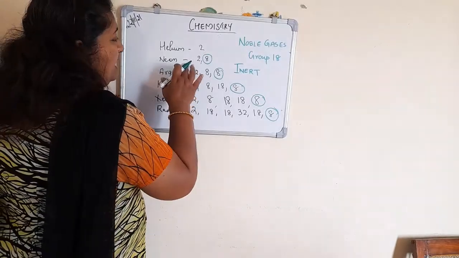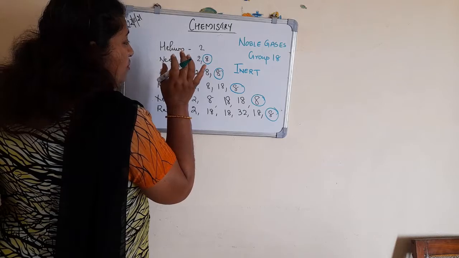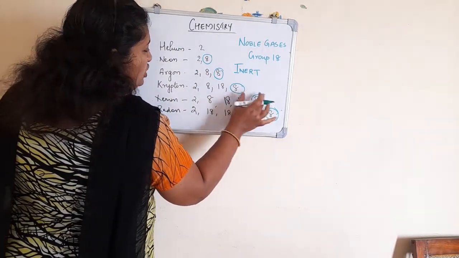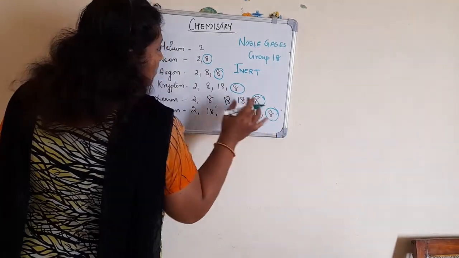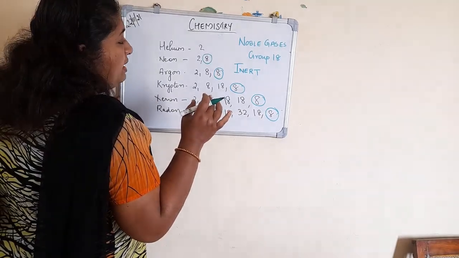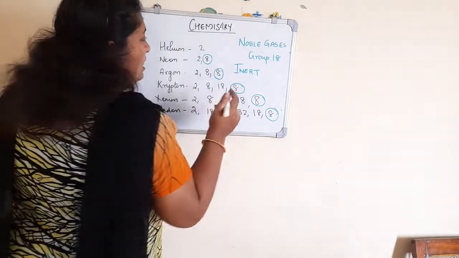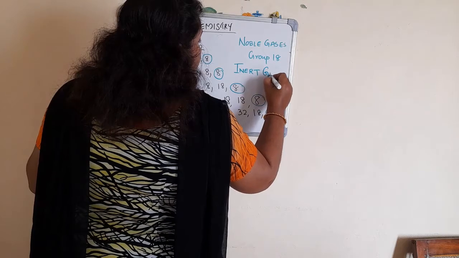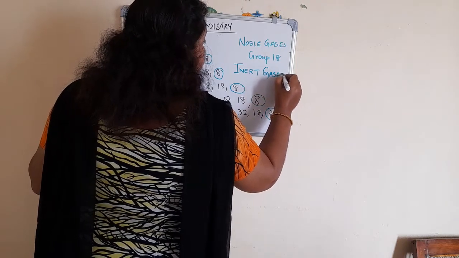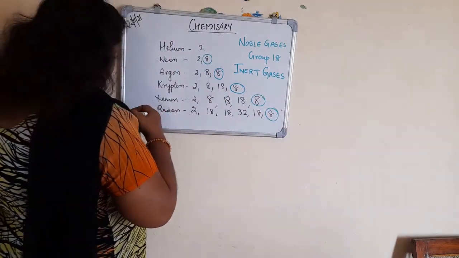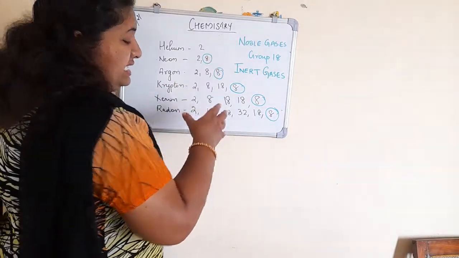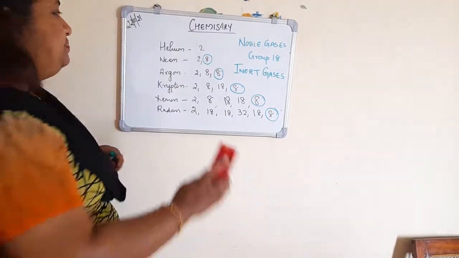Okay, so those elements which have 8 electrons in the valence shell do not take part in chemical reactions because they are chemically inert. So another name for noble gases is inert gases. Now this is group 18 of the periodic table.